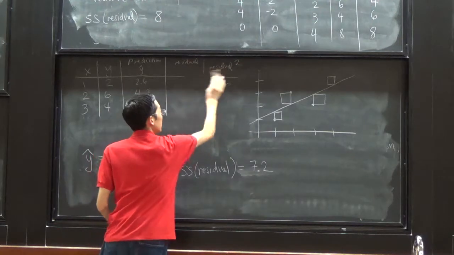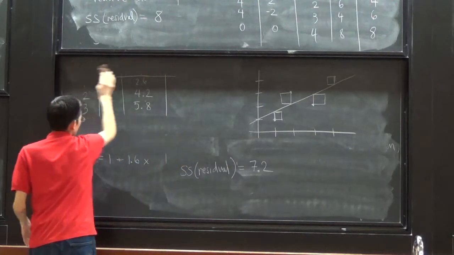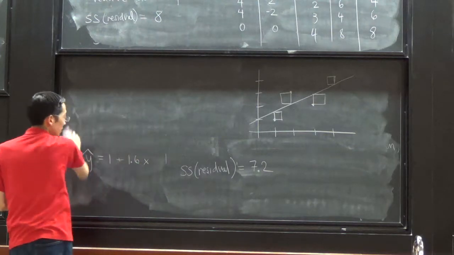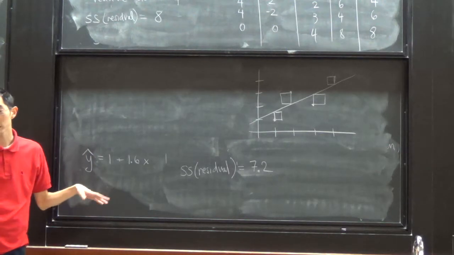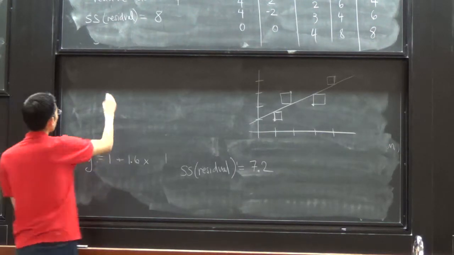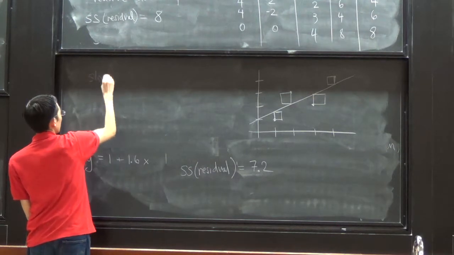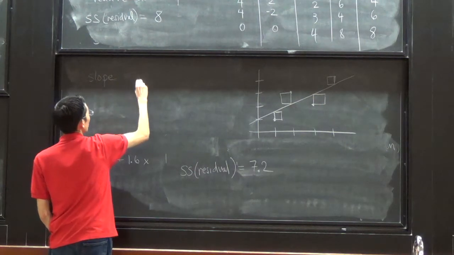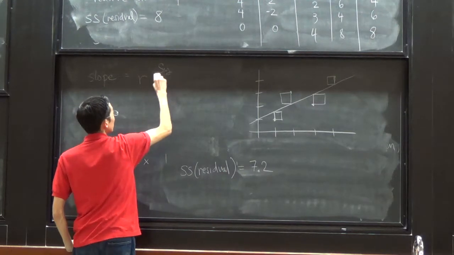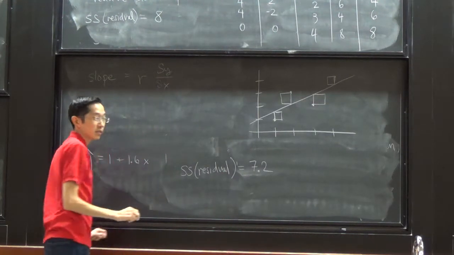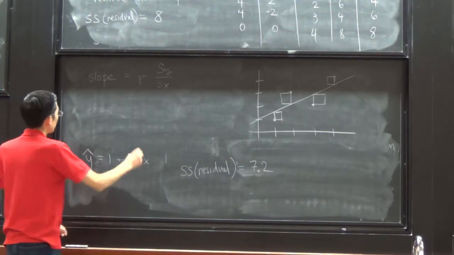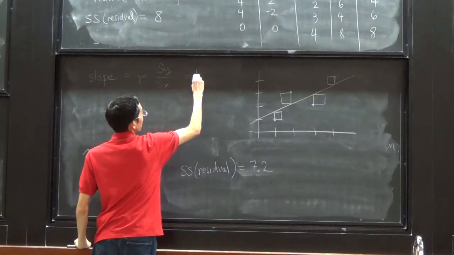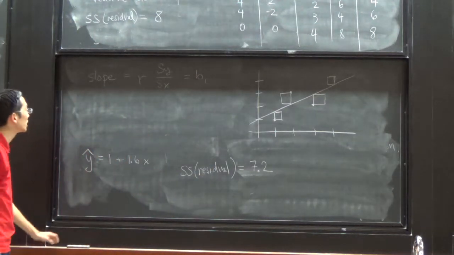They said, well, if you're using this criteria, the line that produces the smallest sum of squares residual, then it turns out that the best fitting line will always have this property. The slope of the best fitting line will always be r times the standard deviation of y divided by the standard deviation of x. The symbol for slope is b1.